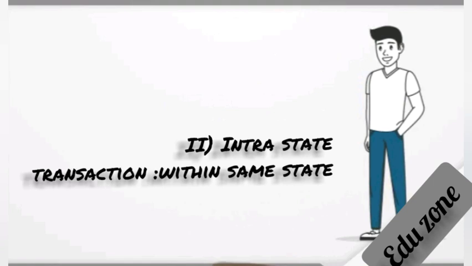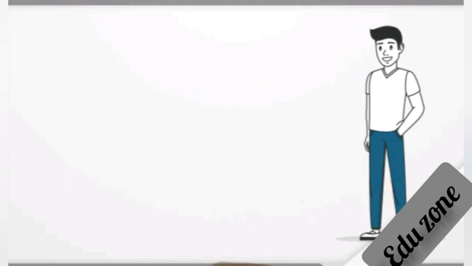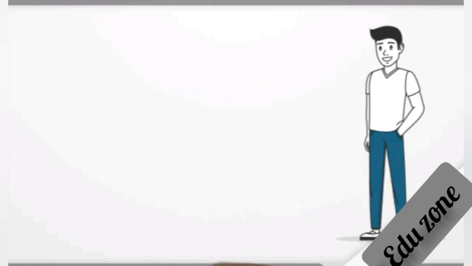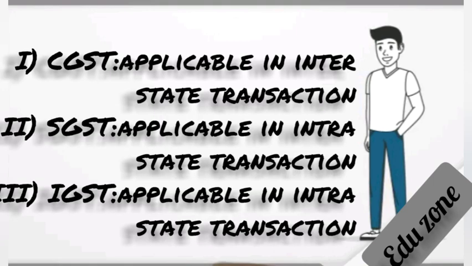So GST comprises the central GST, state GST, and integrated GST. As you know, the GST goes to the central government and the state government. But when an interstate transaction comes, between 2 states, from Jharkhand to UP, a question arises whether the Jharkhand government or the UP government will take the tax.